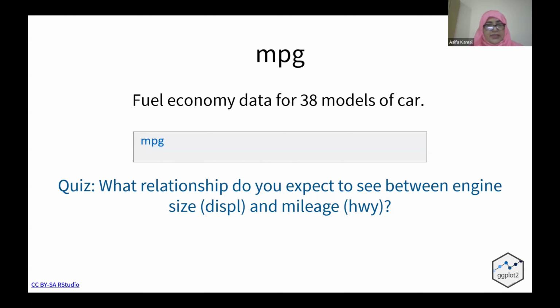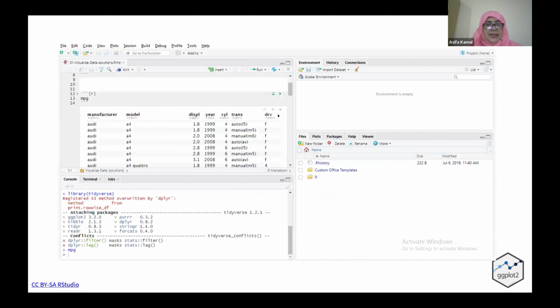To start with this data set, we pick two variables, engine size, that is displ, and highway mileage, to display the relationship between the two variables in RStudio using ggplot. This slide presents a view of RStudio.